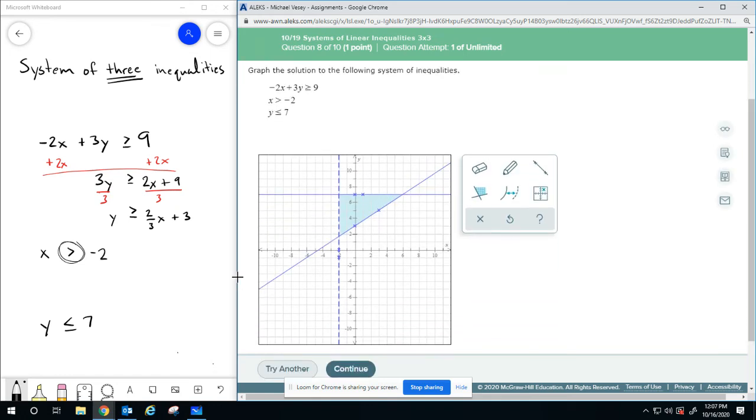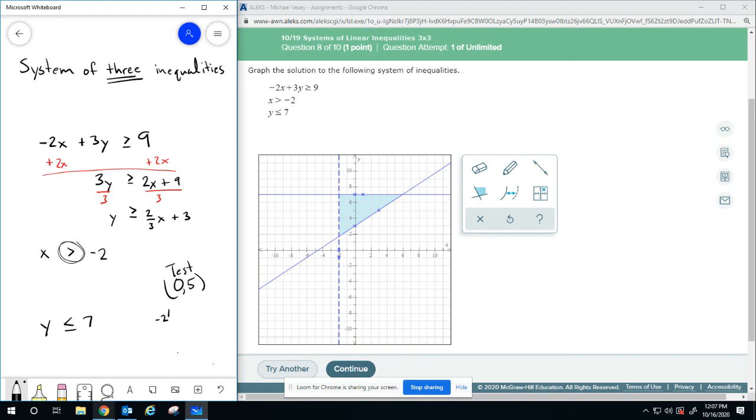Now I just want to prove to you that it is correct. If we take a point from inside this area, let's take (0, 5), and make sure it works in the system. If I test (0, 5), it needs to make all of the inequalities true.